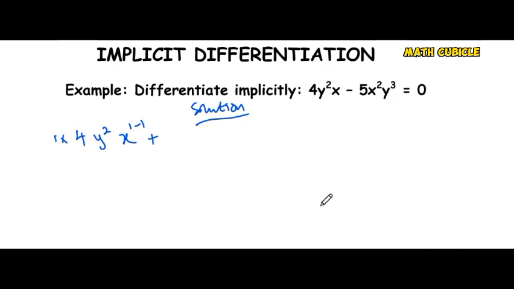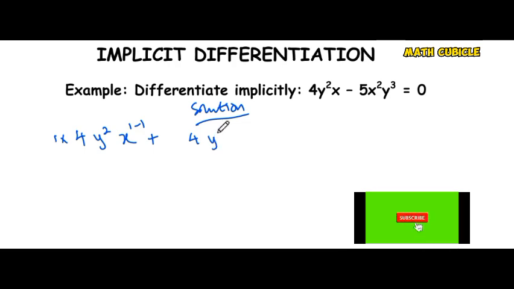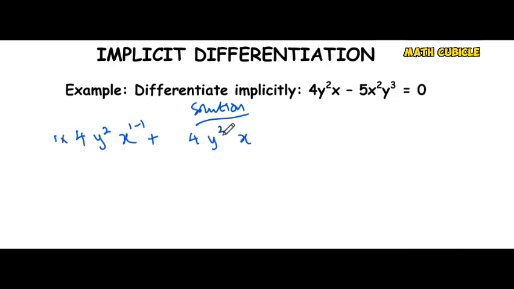Now we keep x constant and we differentiate y, so let's write everything out, 4y squared x. We keep x constant, we differentiate y, so the power here is 2, so we multiply this by 2, so it becomes 2 times that raised to power 2 minus 1.